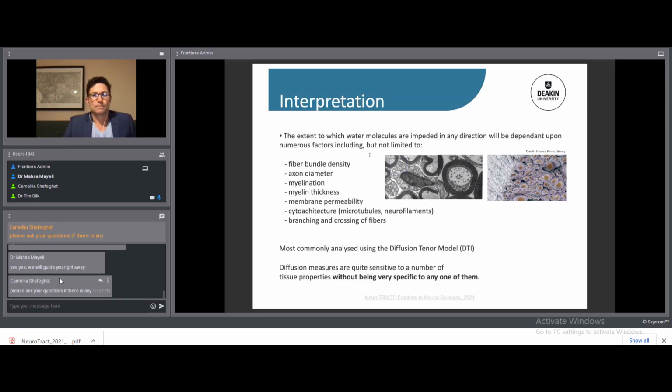Most of the diffusion imaging that has been done to date has used something called the diffusion tensor model, and DTI is the acronym. If you've read anything to do with white matter imaging, you will be familiar with this term. But DTI is not the same as the actual acquisition of the data. It's a model used to model what's going on with the diffusion within that data.